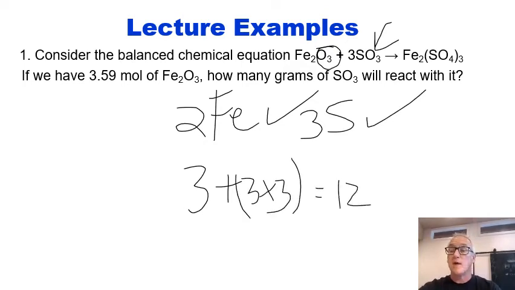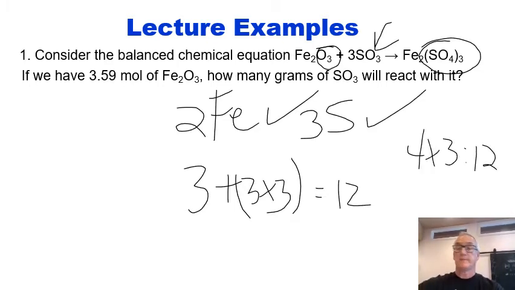So I've got 12 moles of oxygen. Then I look at the products. I've got 3 moles of sulfate ions, and there's 4 oxygens in each sulfate. 4 times 3 is 12. All right, so I got 12 oxygens on both sides. So that is a balanced reaction. Now I'm good to go.